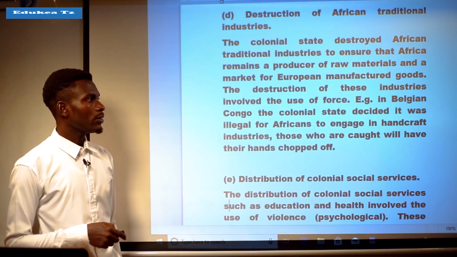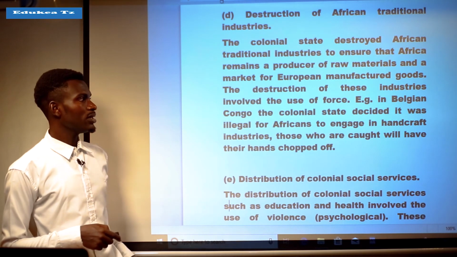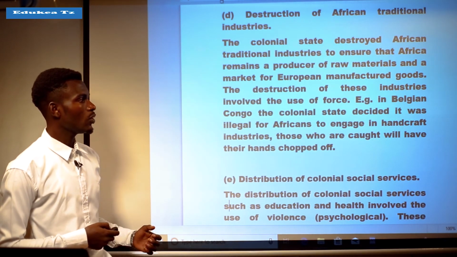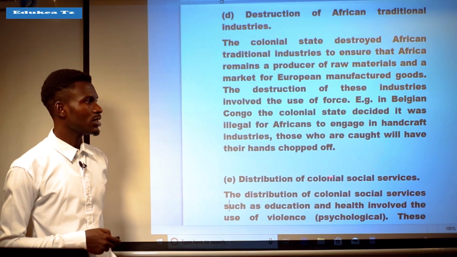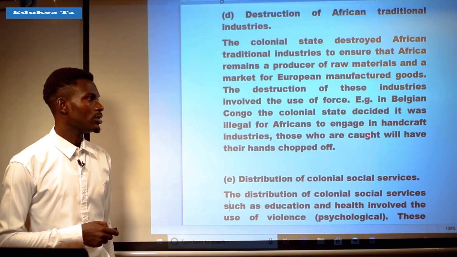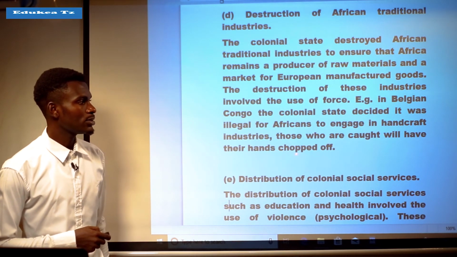For example, in the Belgian Congo, the colonial state decided it was illegal for Africans to engage in handicraft industries. Those who were caught would have their hands chopped off.